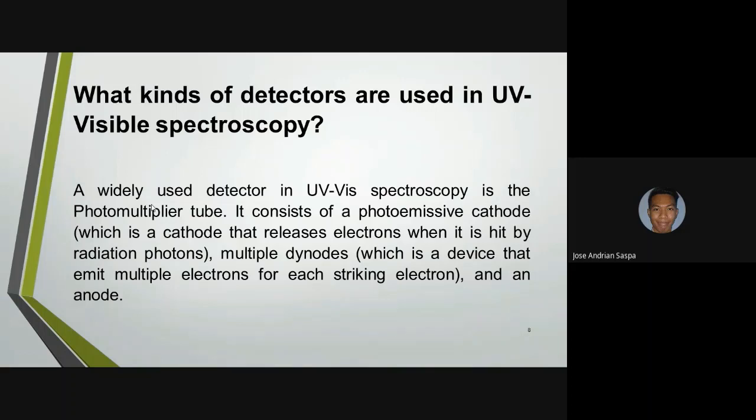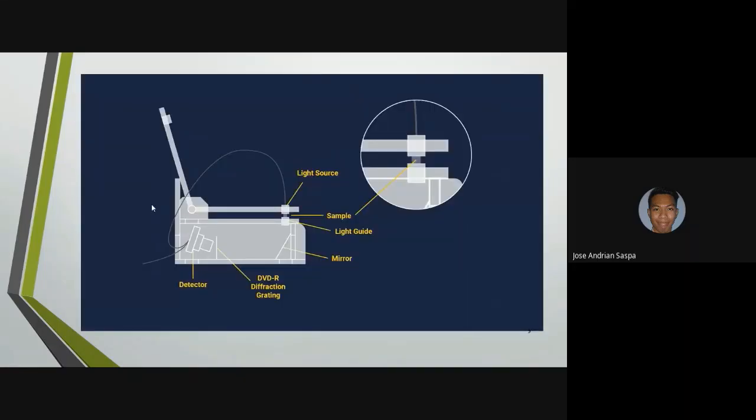It consists of a photoemissive cathode, which is a cathode that releases electrons when it is hit by radiation photons. And then we have multiple diodes and anode.